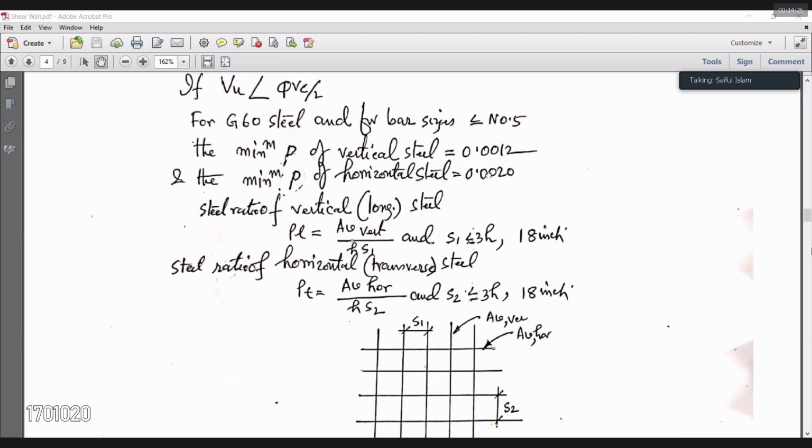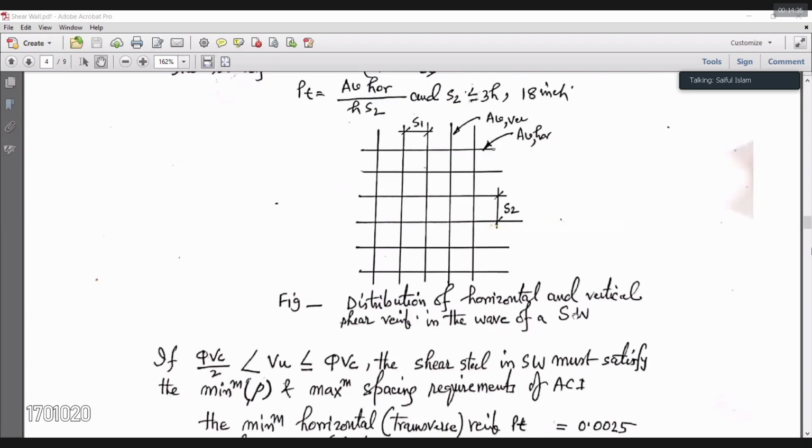For horizontal steel, this is the minimum steel ratio, and your spacing should be guided by this parameter. Here the distribution of horizontal and vertical shear reinforcement in the web of a shear wall. So we have given the detail in the figure, the detail about the reinforcement, the spacing in this direction S1 and the spacing in this direction S2.